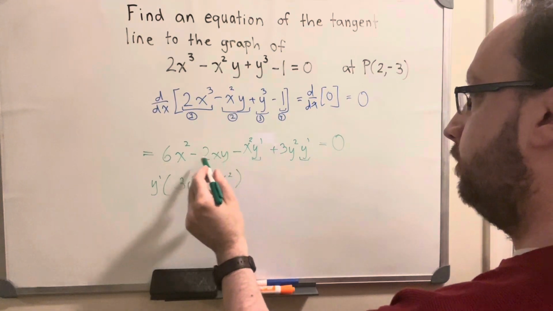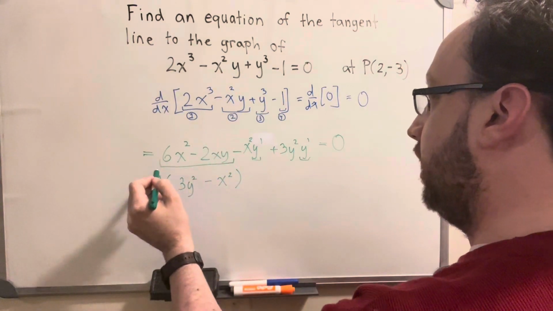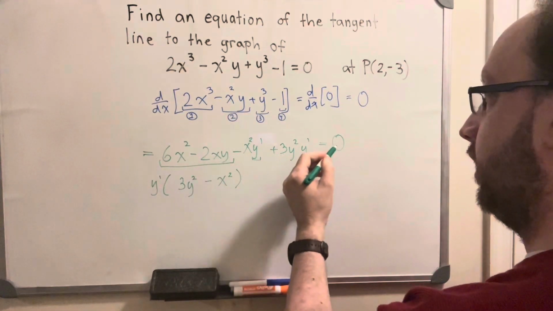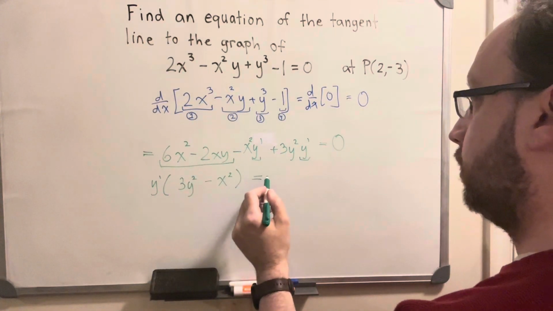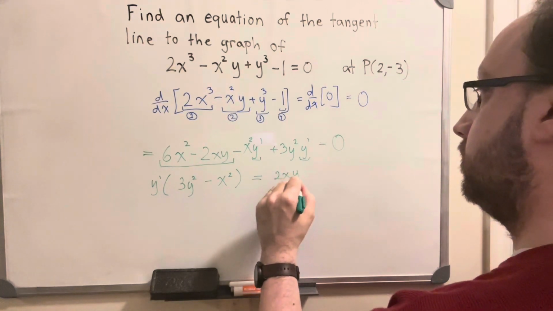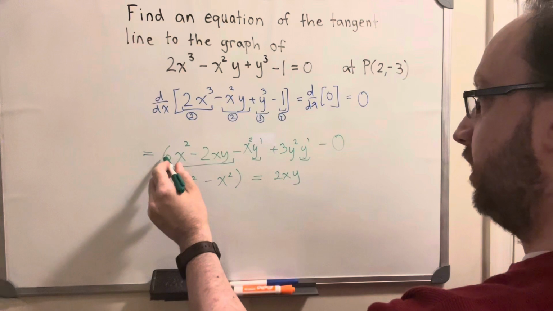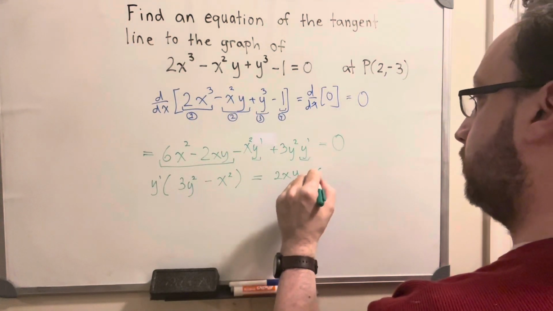And we're going to move these two, which don't involve a y prime, to the other side. Since this is negative, let's add 2xy to both sides. And this is a positive 6x squared, so let's subtract 6x squared from both sides.